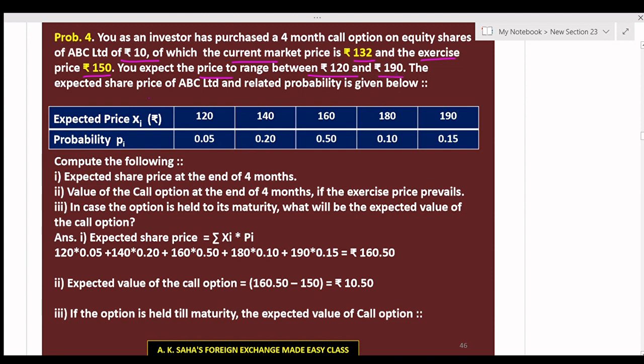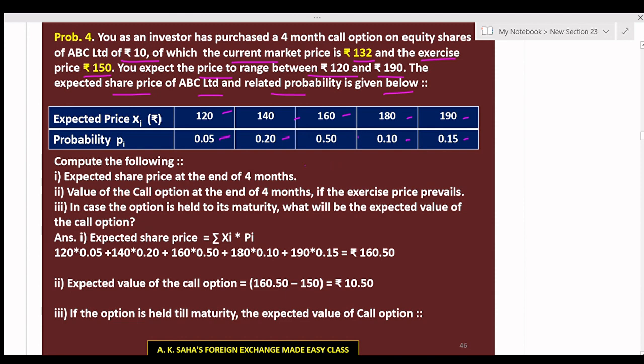The expected share price of ABC Limited and related probability is given below. Expected price is rupees 120, 140, 160, 180, 190 and probability 5%, 20%, 50%, 10% and 15%. Total will be 1.